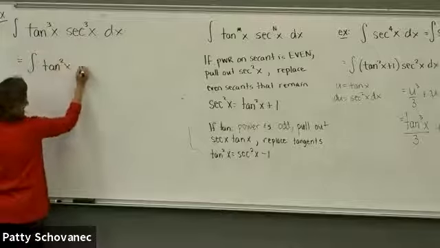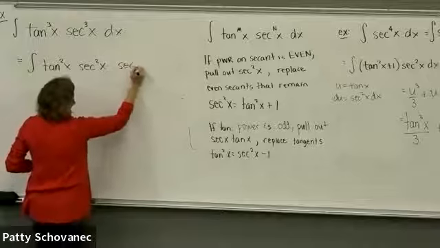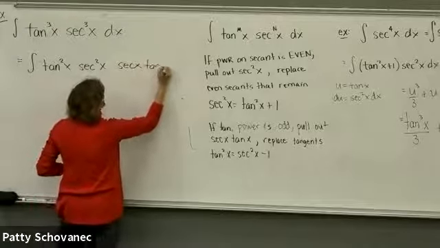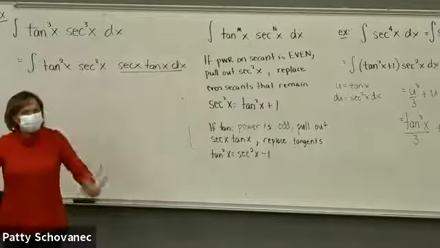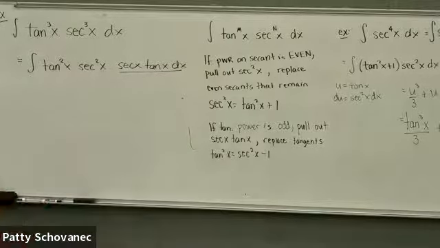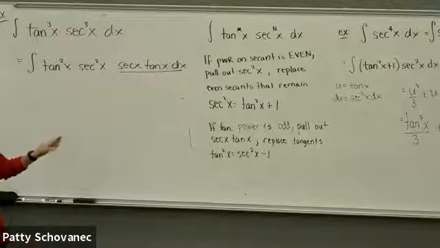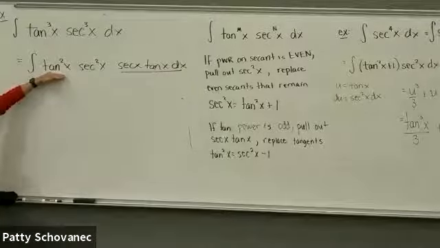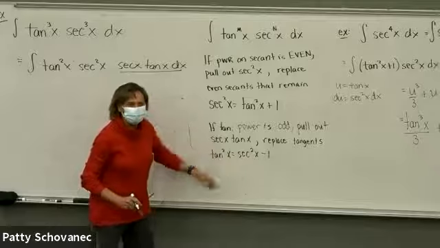I've got to pull a secant out of here. Let's think of what could be my du. If you can get that figured out, and everything else fits the Pythagorean identity, then you're good. So if that's my du, then u has to be secant. We need to get tangent squared out of there, and so we do. Tangent squared is secant squared minus 1.